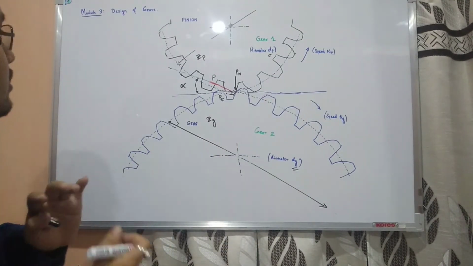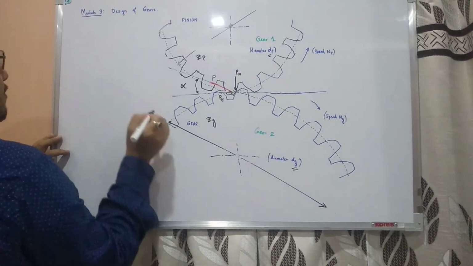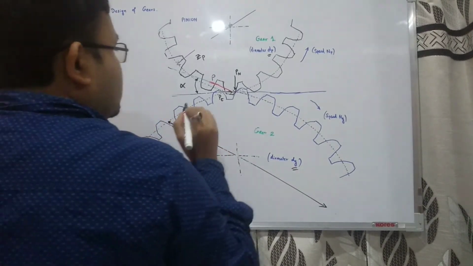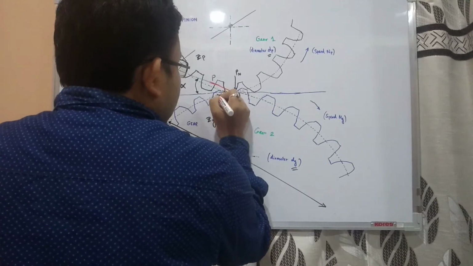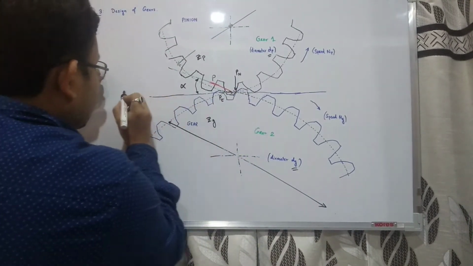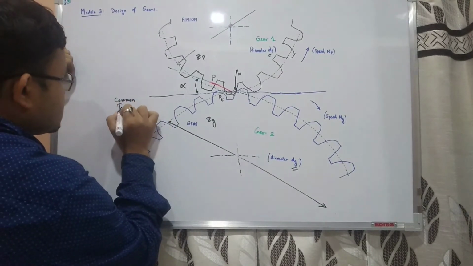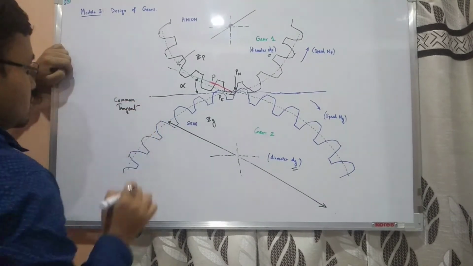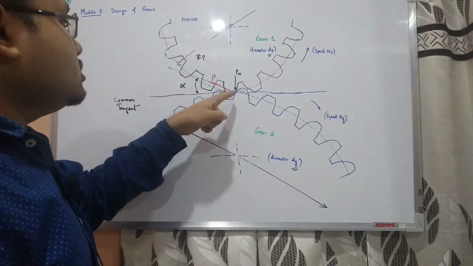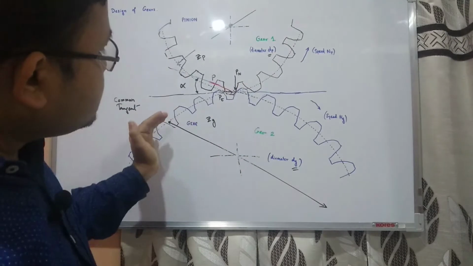Fine, so we have spoken about involute. Now this is important. Now we draw a common tangent, which is a common line tangent to both the pitch circles.